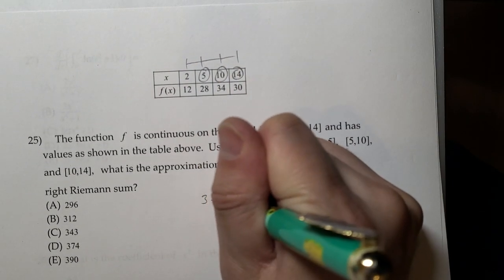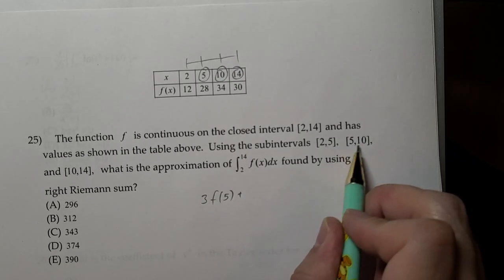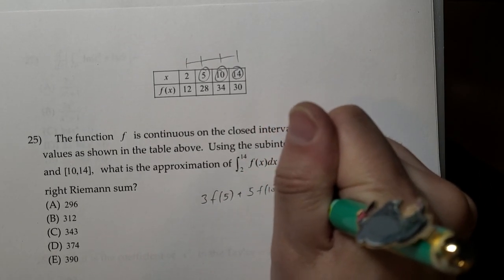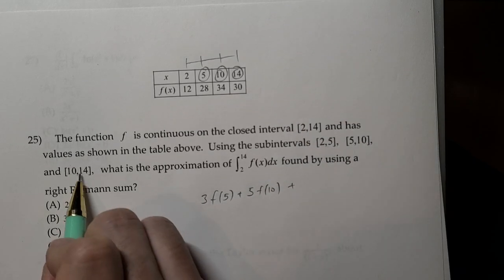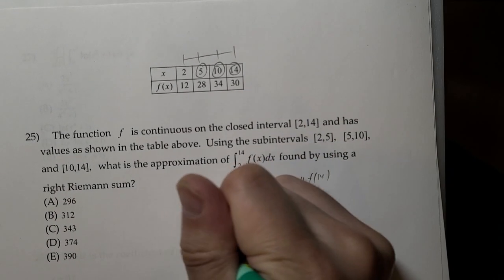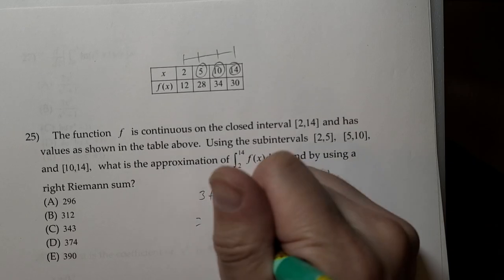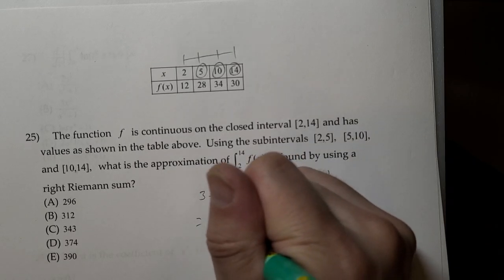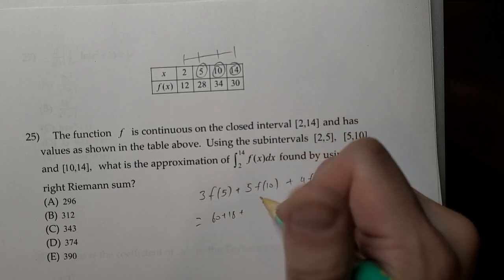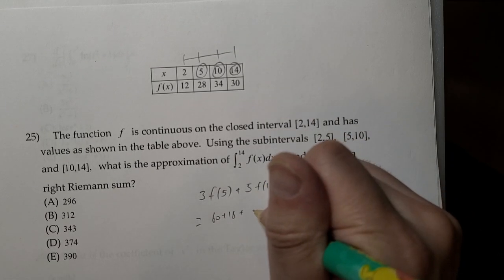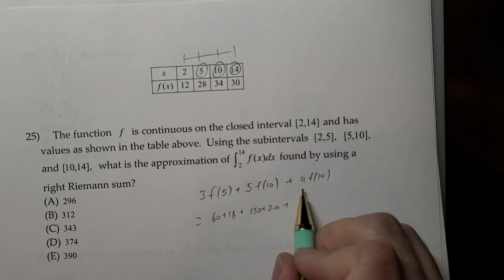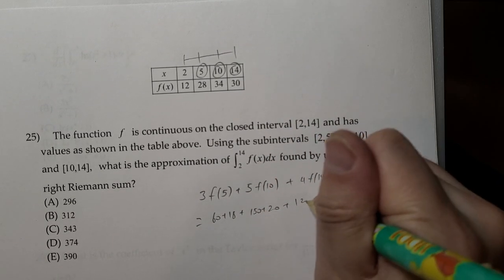So 3 f of 5, plus the next one has the base 10 minus 5, and then f of 10, we want the right endpoint. The next one is 14 minus 10, that's 4, and we want f of 14. So 3 times f of 5, that is 60 plus 18, I'll just write it out, plus 5 times f of 10, that is 150 plus 20. 4 times f of 14, that is 120.